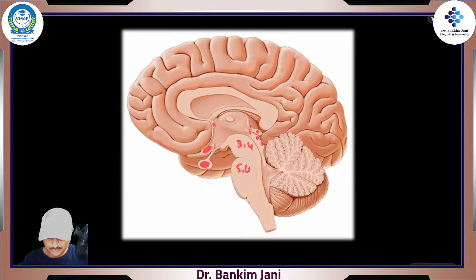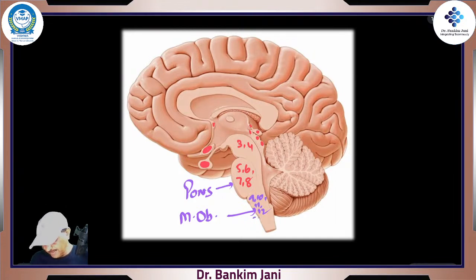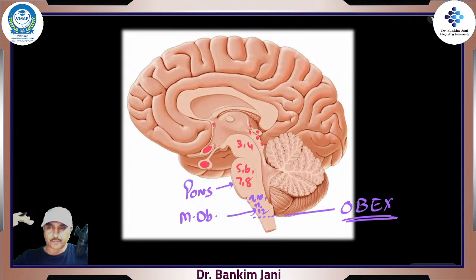Then 5, 6, 7, 8 are for the pons, and the medulla oblongata is over here, with 9, 10, 11, and 12. By the way, the level at which it ends is called the obex. That is where the medulla oblongata is finished and the spinal cord begins.